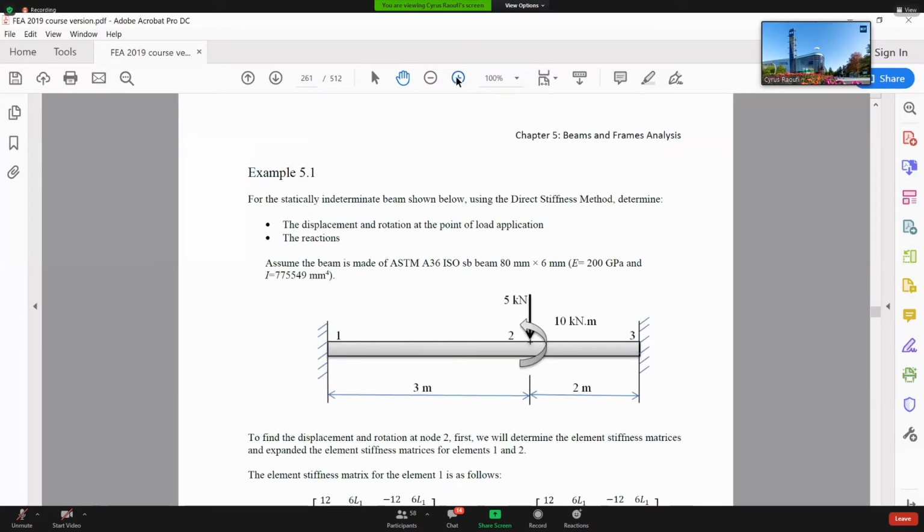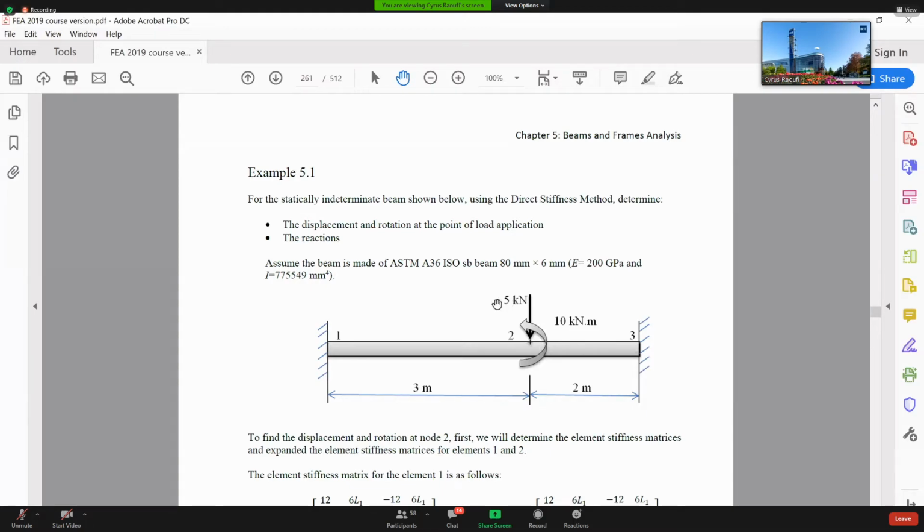See, example 5.1, which we are going to work on during the lab session this week. This is the beam. What you have is a fixed support at both ends, lengths 3 meter and 2 meter. I have a counterclockwise bending moment here, which is 10 kilonewton meter. I have a 5 kilonewton force applied to this point as well.